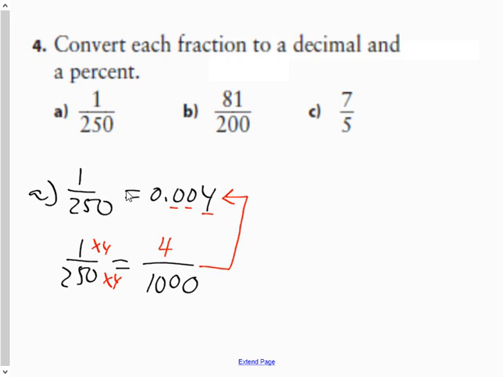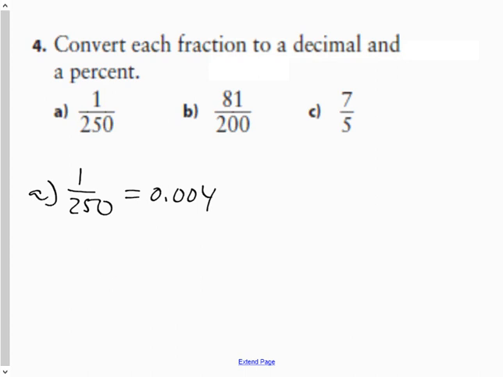And the nice thing is, I also have to make it a percent. As a fraction, we've already determined that it's 4 over 1,000, and percentages are always out of 100. So what would the equivalent fraction be? I guess we're going to call it a fraction, even though you can't really have decimals in your fraction. What did I divide 1,000 by to get 100? 10.